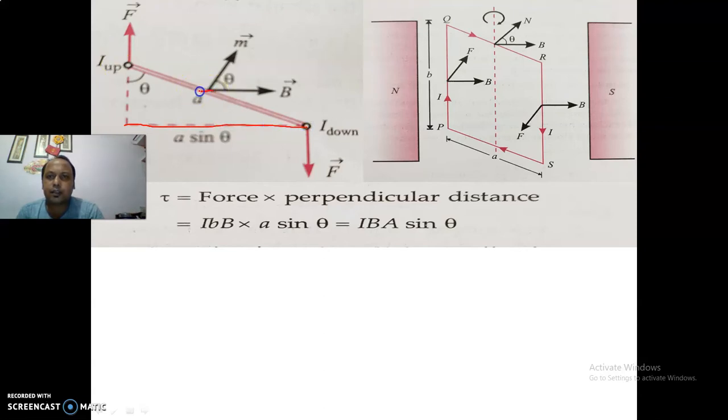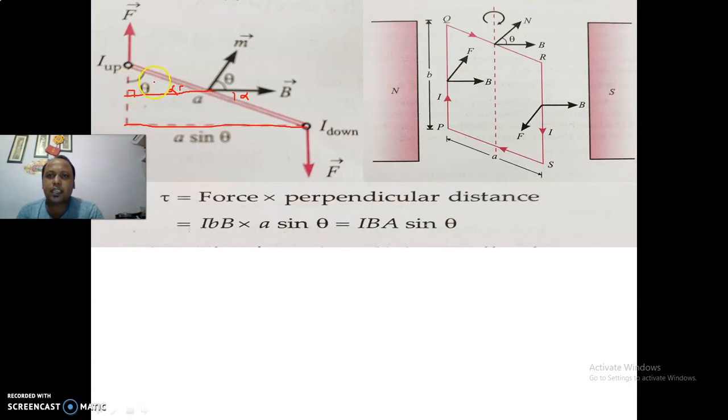So if we produce the magnetic field line in this direction, and if we consider this angle to be alpha, this angle will also be alpha. This angle is 90 degrees.